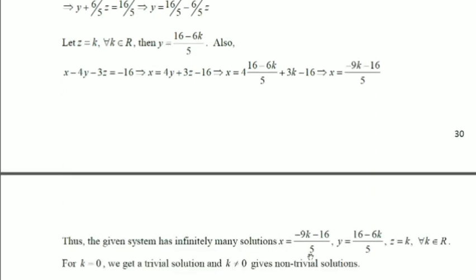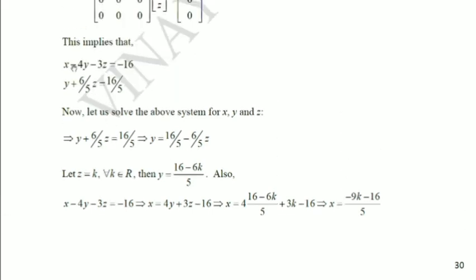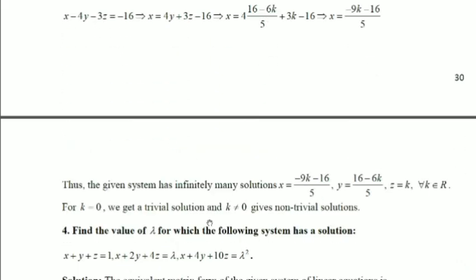In this case, you have only two equations and three unknowns. So you have to assume one unknown as k. Let us assume z as k in this equation. Then you'll get y from this, substitute z and y in the equation, you'll get x. This is how you can obtain the solution.